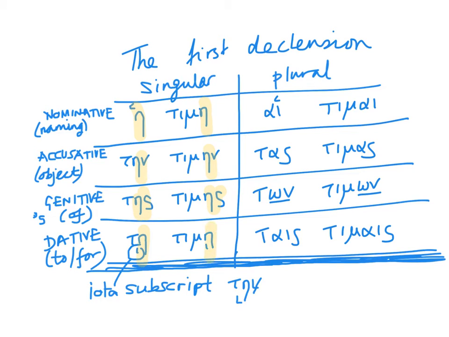It won't always be the case that the noun will rhyme with a definite article, but for this model noun, that is the case, and it should help you to recognise the endings and to get to grips with them. What you should ideally do is to aim to learn this table, in particular to learn the highlighted endings. But until you've learnt them, because it does take time, have a copy of the table ready at hand so that you can use it as a reference if you're reading some Greek.